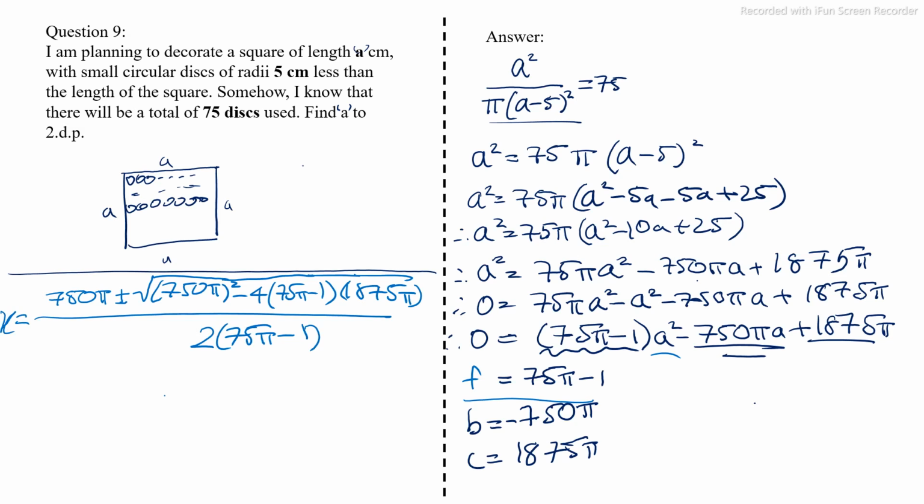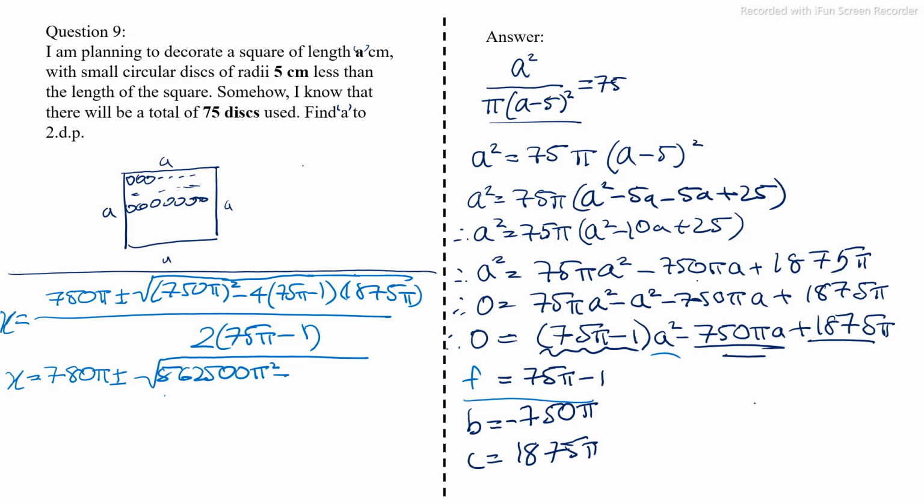Let's try and simplify this equation a bit. So for x equals, okay, this is a bad one. This is a very bad one. Okay, so 750 pi plus minus root of 750 pi squared. What is 750 pi squared? 750 squared is 562,500 pi squared minus 4 times this thing.